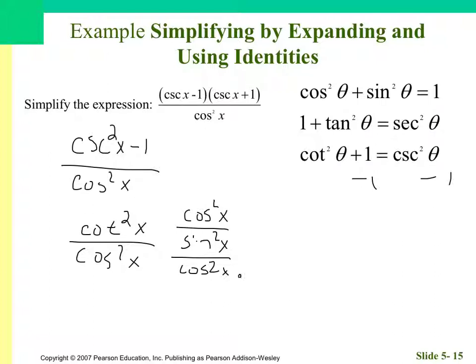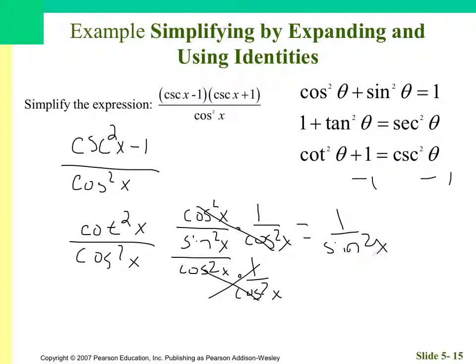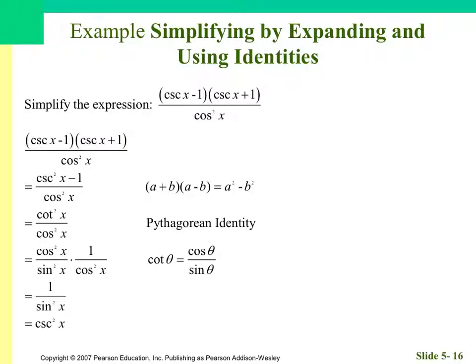So if I multiply by 1 over cosine squared, I get 1 over sine squared, which is equal to secant squared x. Not secant. I always do that. That's a bad mistake for me. Cosecant squared x. Let's see if we're right. There we go.